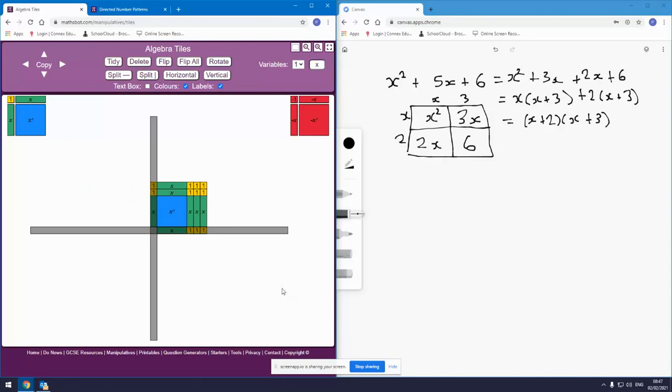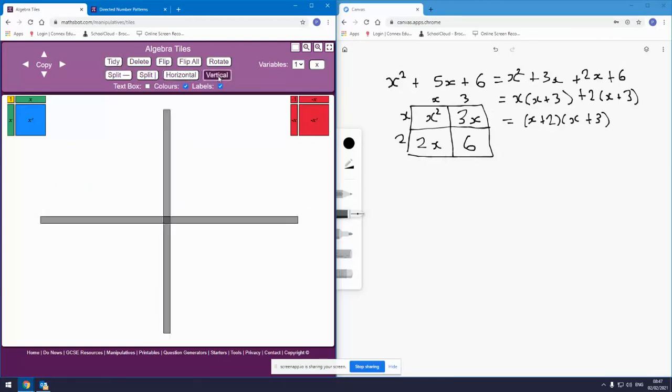Okay. Now, one of the reasons I'm not a huge fan of this, although it does have, like I say, pros and cons, if I bring this in, is when we start looking at negatives. So let's take one that's x squared minus 5x plus 6. So what we see here is we've still got my x squared, and now I've got my 6.